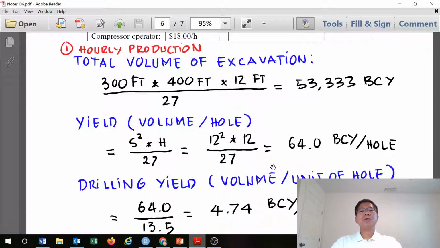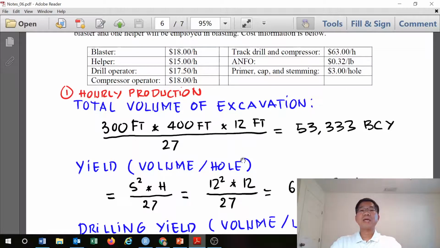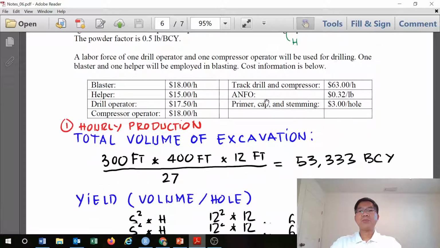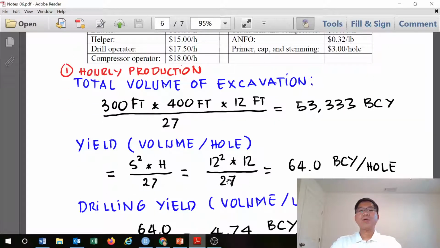And using the equation to get the volume per hole, that is the production yield for drilling. It is spacing between the drills squared times h, the effective depth of the excavation, converted to cubic yards. So we have spacing 12 feet, and the effective depth is 12 feet as well. So we have 12 squared times 12 divided by 27.